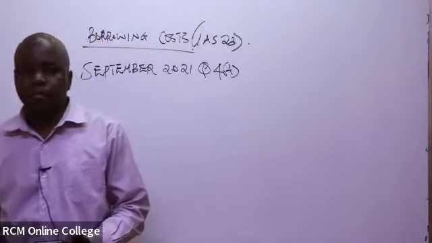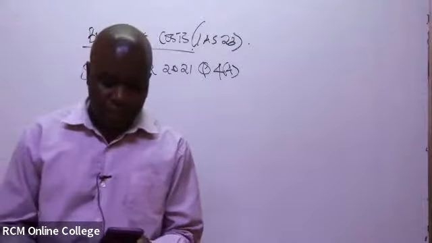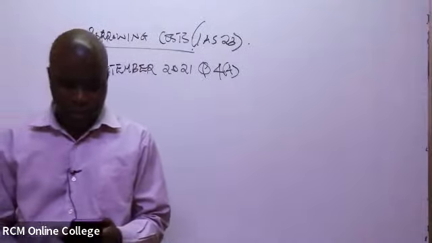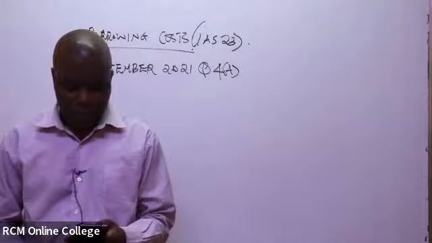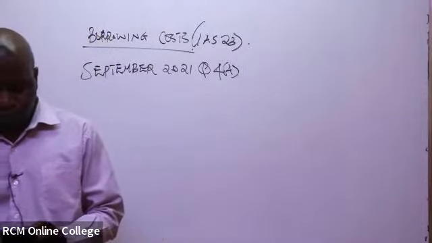Have you been able to access the past paper? I've shared it on the group. It is September 2021, question number 4A. Always make sure that when you are joining the class, you can access the past paper.